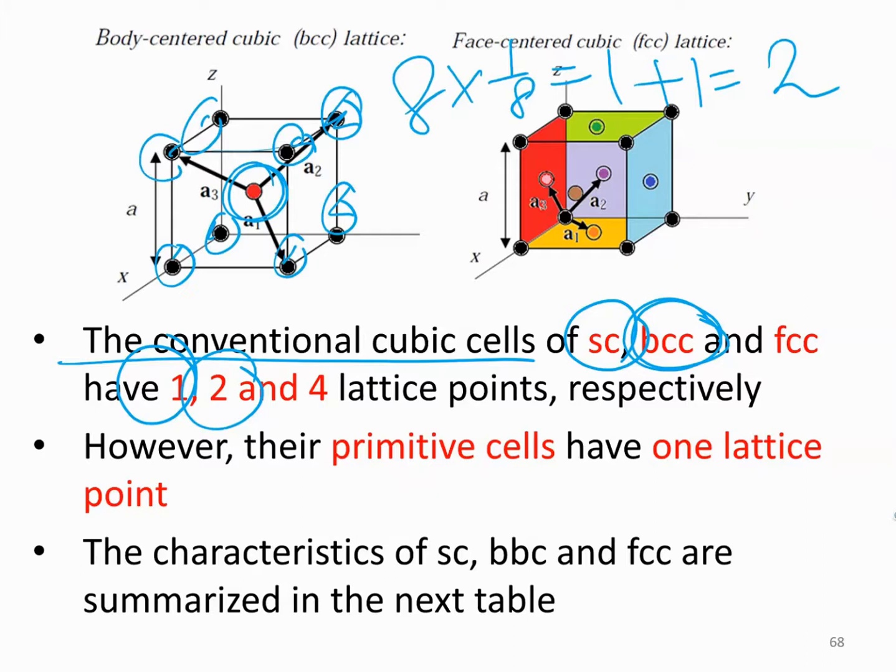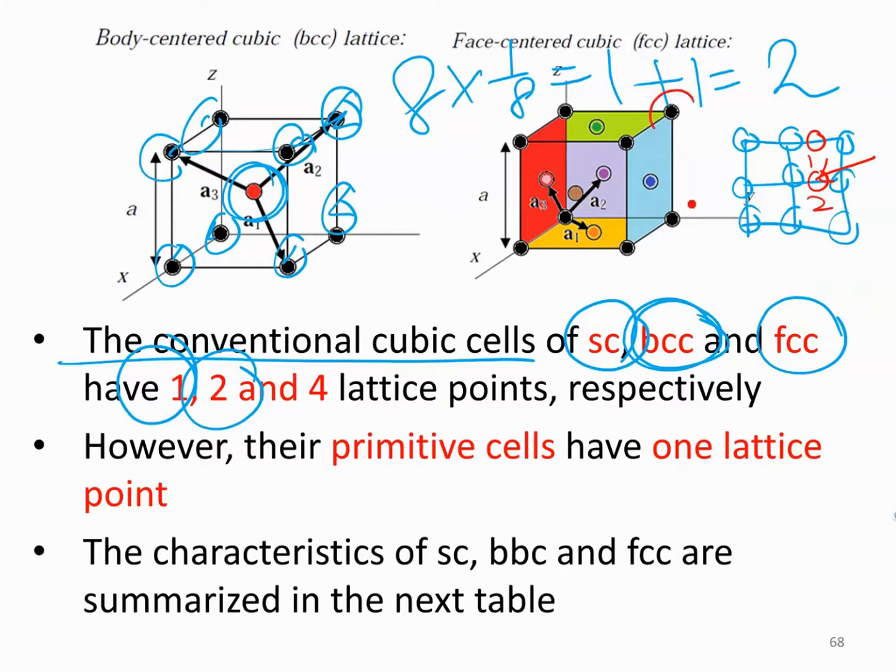Next, how about face-centered cubic? Face-centered cubic looks like this. We have atoms at the corners, in 2D let's say, and then for face-centered cubic, the atom is located here. This lattice point is shared by 2 unit cells.